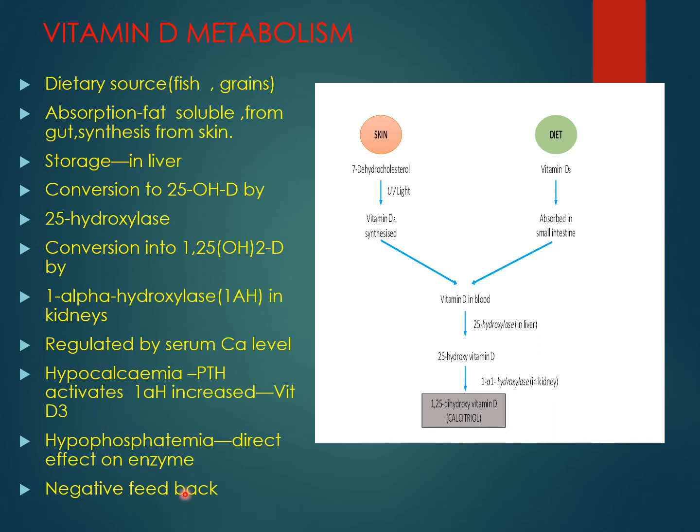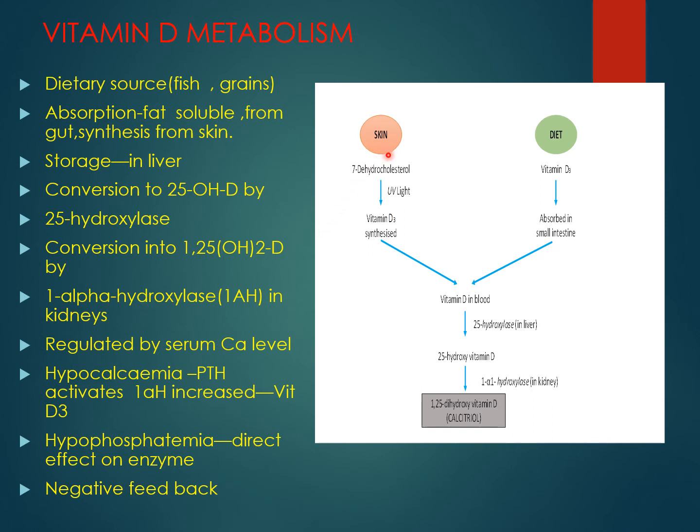And there is a negative feedback mechanism. Whenever this vitamin D3 level is restored, the activity of 1-alpha-hydroxylase is decreased and the function of the enzyme is not there, so the active form will be normalized.